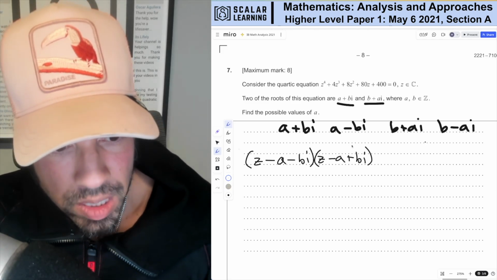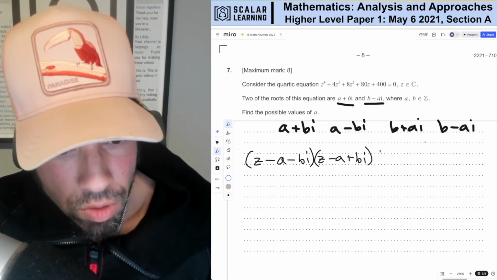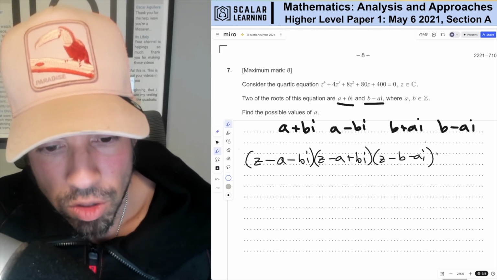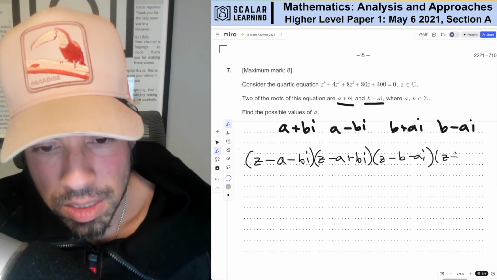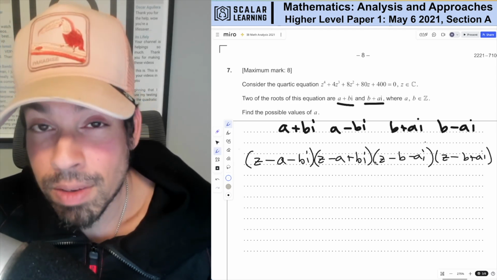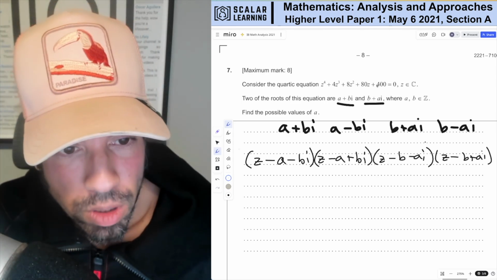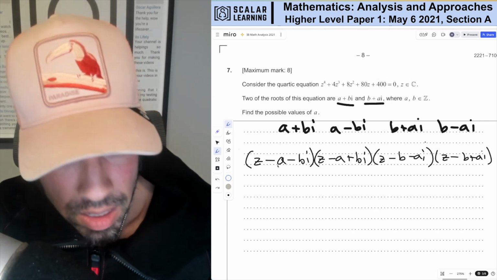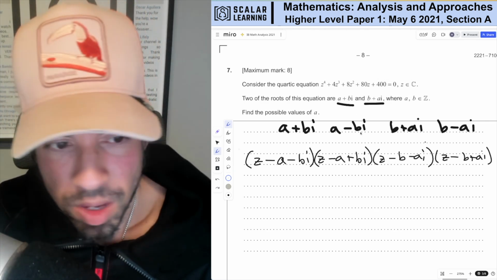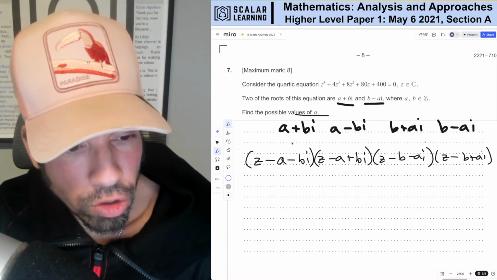Again, remember, I'm distributing that negative. That turns that positive. Over here, I have z minus b minus ai. And then over here, I have z minus b plus ai. And now we have a lot of work to do, but if we can start to FOIL this out and get it to look equivalent to this, we can start to figure out possible values of a as the question asks.